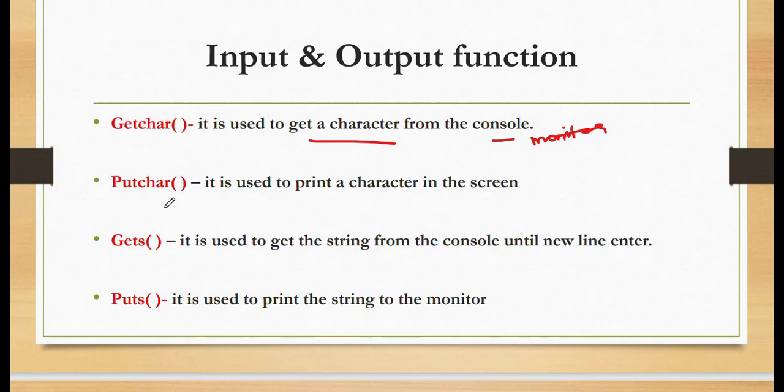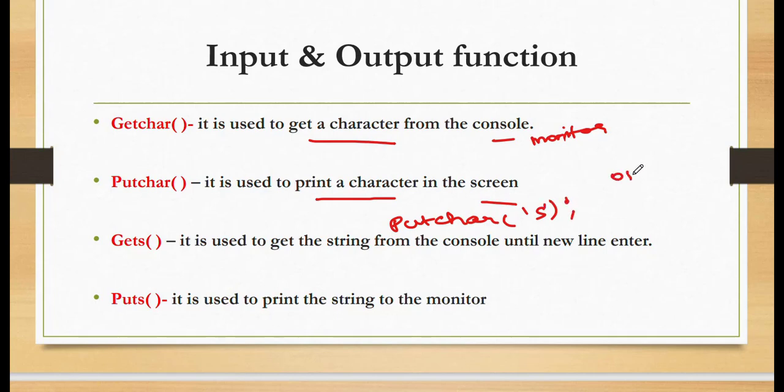And the next one is putChar. PutChar is used to print a character on the screen. Okay, on the screen, if I want to print a character, I will use putChar. For example, putChar 'S'.